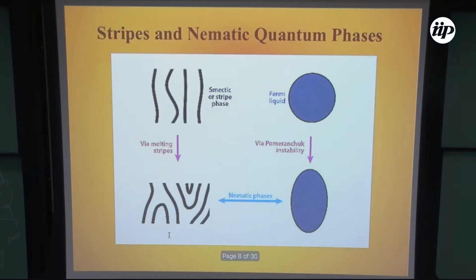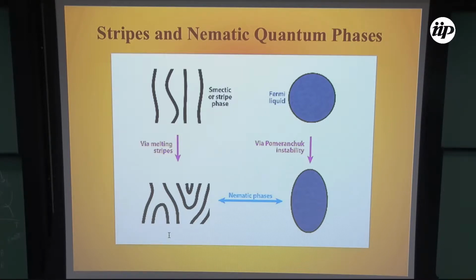So let me talk about how we understand the isotropic or the nematic phase transition. You have two ways to do that. You can begin with, for instance, what we call a symmetric phase or a striped phase. Essentially, the black lines are high density sectors and the white ones are low density sectors, so you have something like a charge density wave.